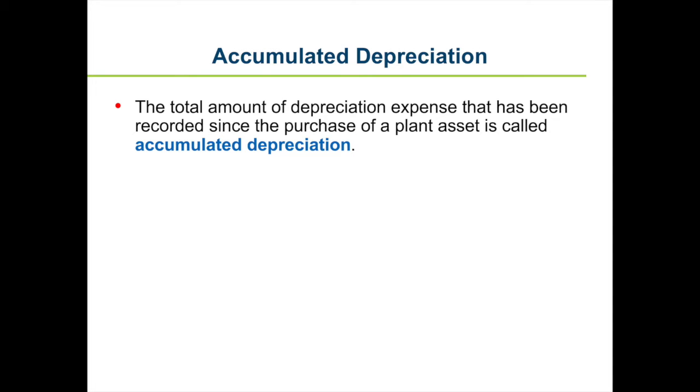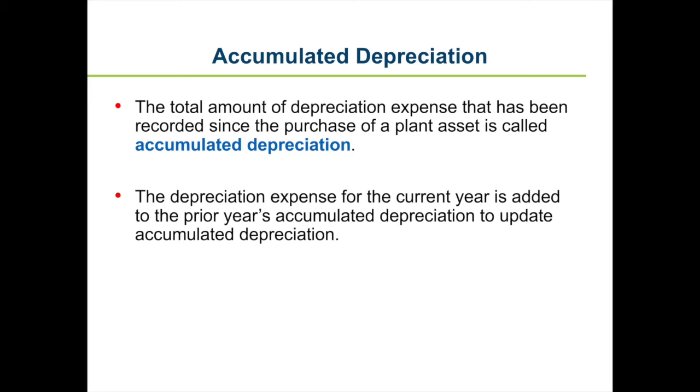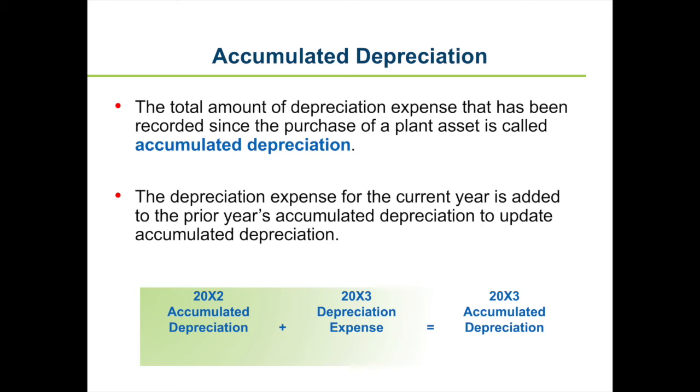The total amount of depreciation expense that has been recorded since the purchase of a plant asset is called accumulated depreciation. The amount accumulates each year of the plant's useful life. The depreciation expense for the current year is added to the prior year's accumulated depreciation to update accumulated depreciation. For example, the first year, our product is going to be depreciated by $400.